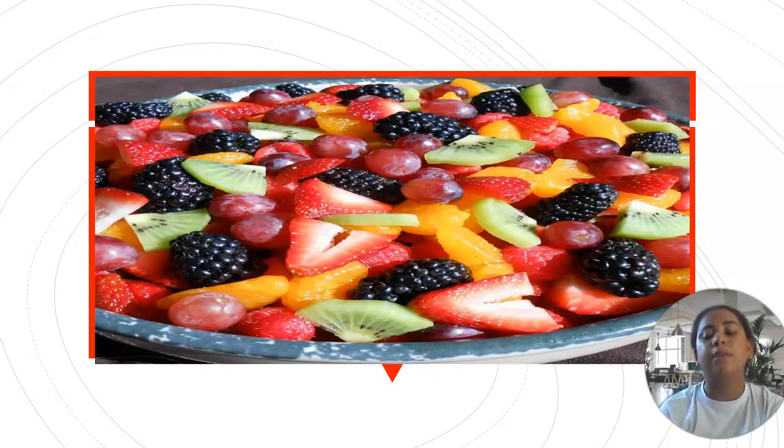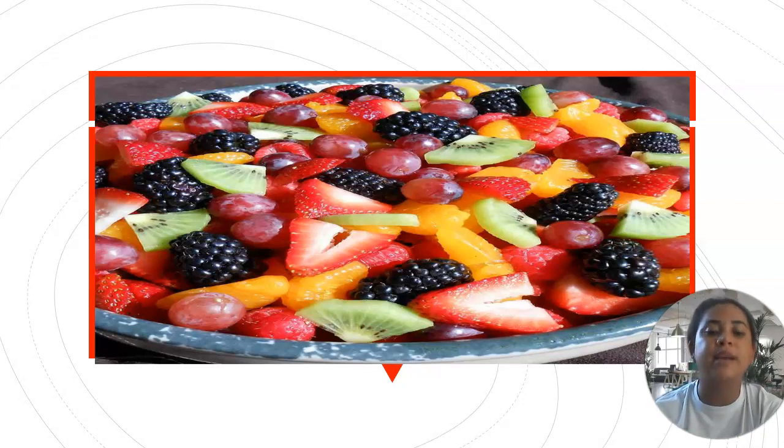Excellent. Now, to start, I want you to look at the screen. Can you see the screen? All right. Can you tell me what you see on this screen? Yes, kiwis. Very good. What other thing can you see there? Strawberries. Very good. What other one? Mangoes. Very good.